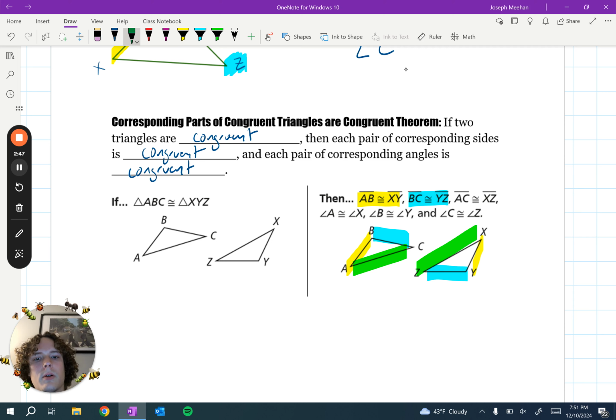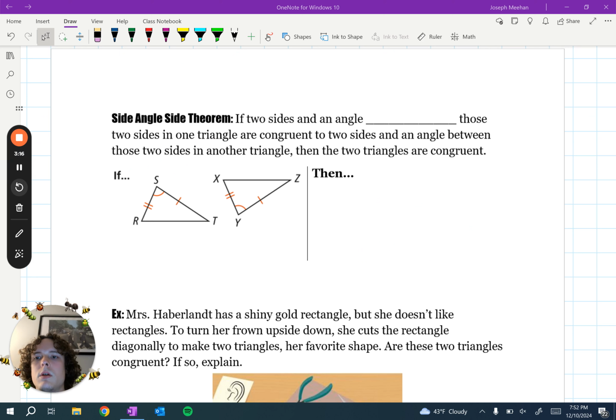It also says angle A is congruent to angle X, angle B is congruent to angle Y, and angle C is congruent to angle Z. All right? So corresponding parts of congruent triangles are congruent, and we're going to use that throughout this section.